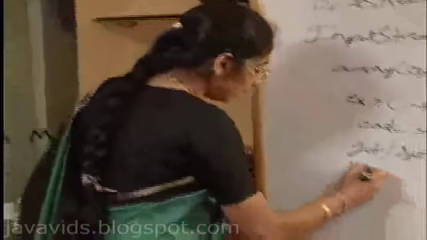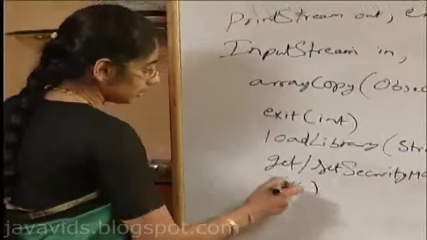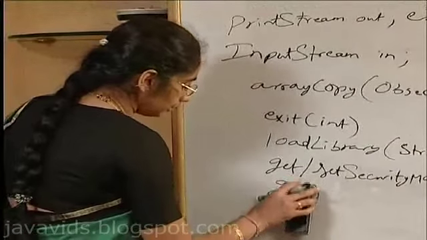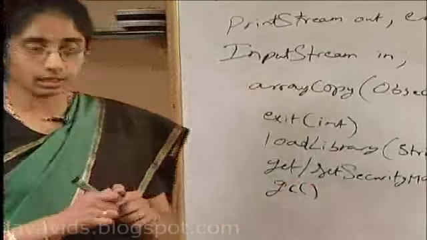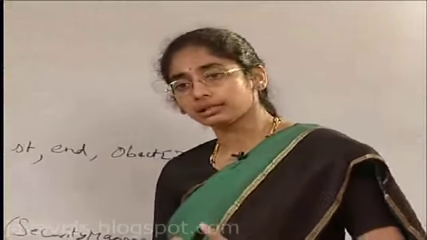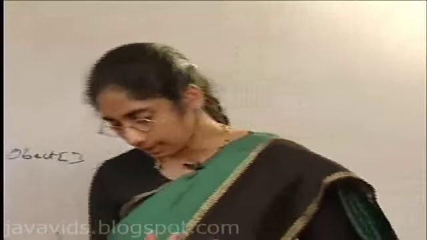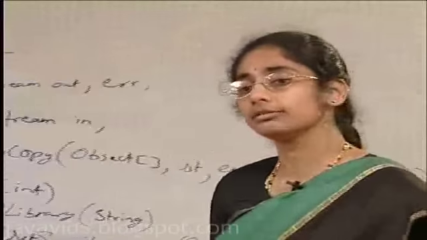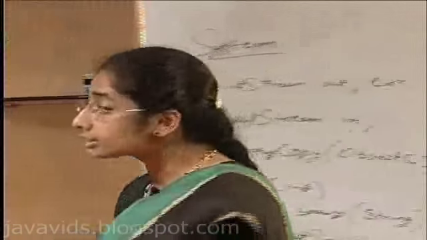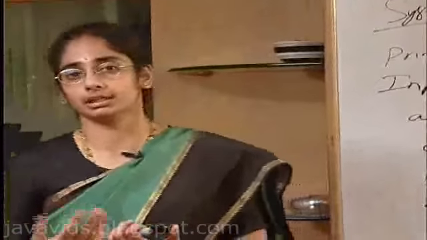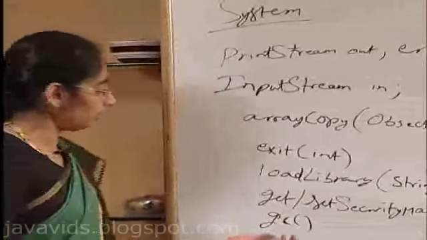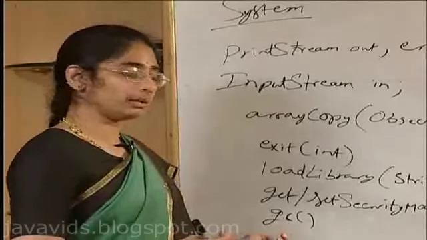You also have gc, which stands for garbage collector. Remember, while speaking about garbage collection, we said we can explicitly invoke the garbage collector function, but we also mentioned that it does not guarantee the garbage collector will execute at that point. So how do I call for a garbage collector?